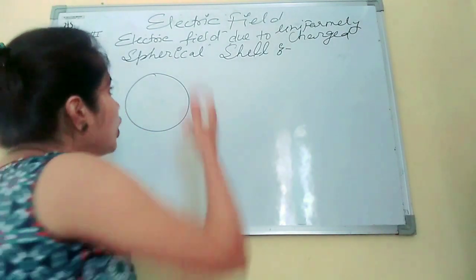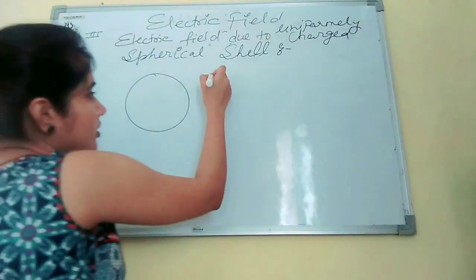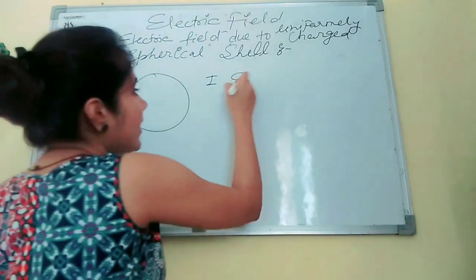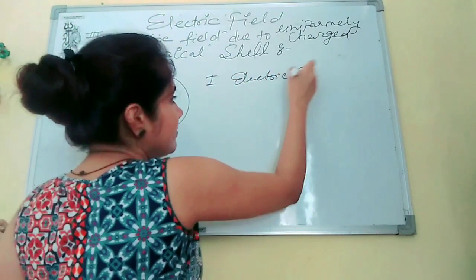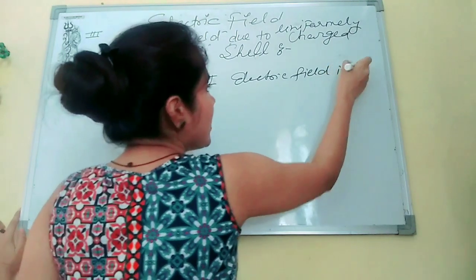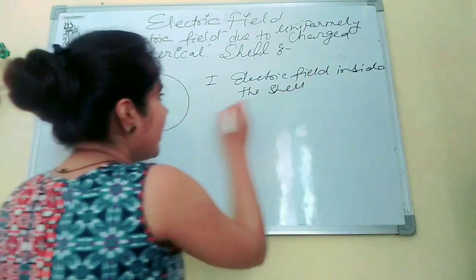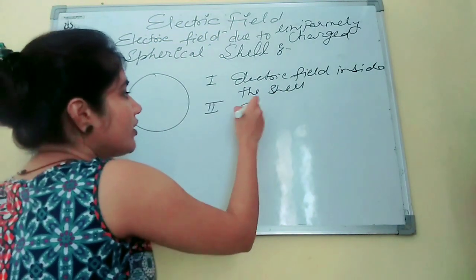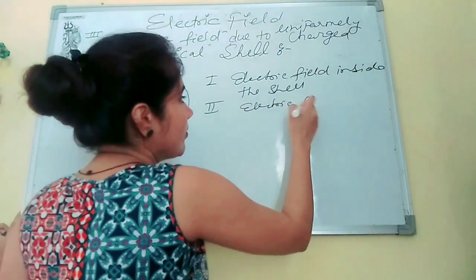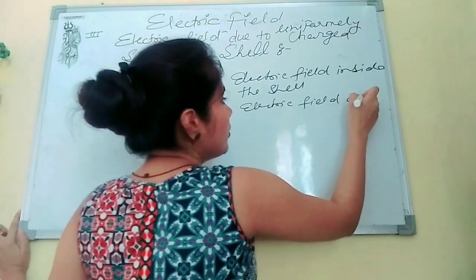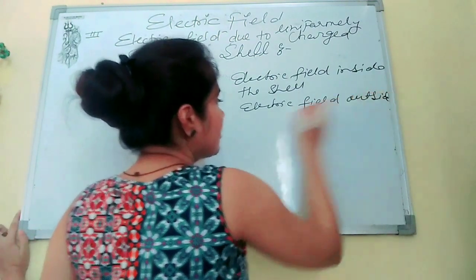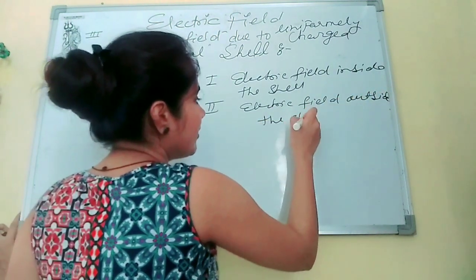It's very simple. Here we will see two conditions. First, we will find the electric field inside the shell, and second, we will find the electric field outside the shell.